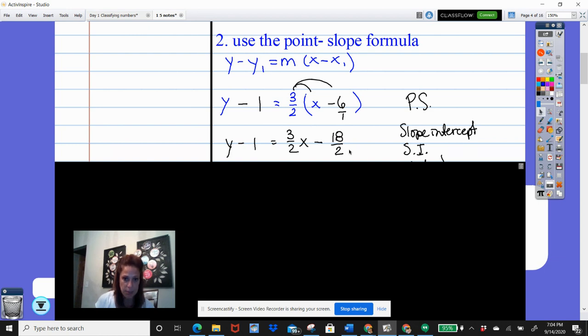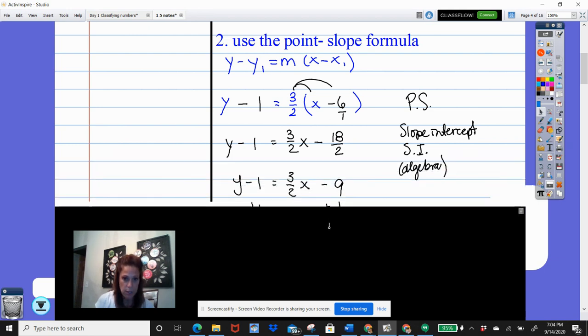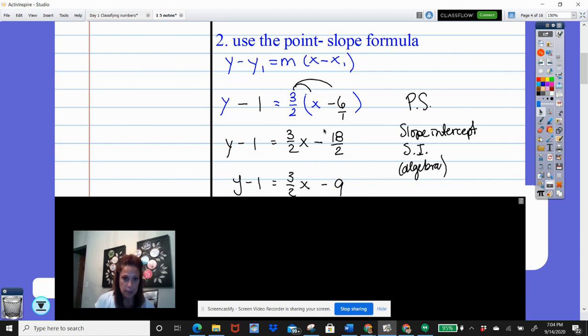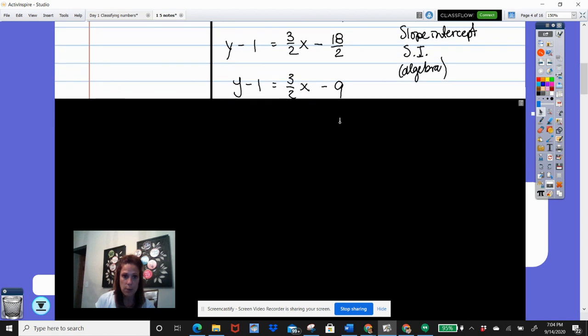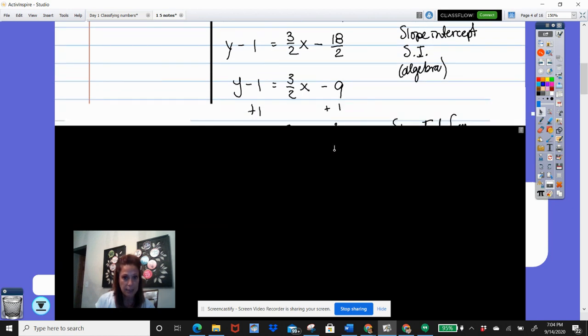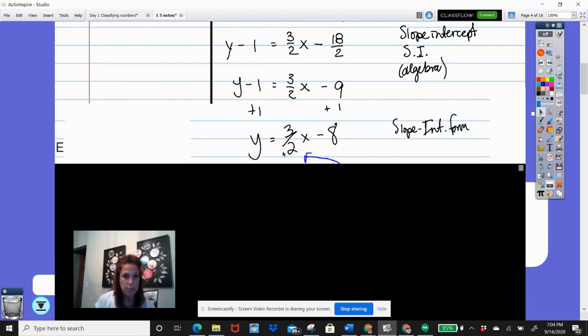And now we can simplify that 18/2, changes to a 9. Everything else stayed the same. And then I'm going to add the 1 to the other side. And so then I wind up getting y equals 3/2 x minus 8. And that automatically changed it into the slope-intercept form. Here's the slope, here's the intercept.